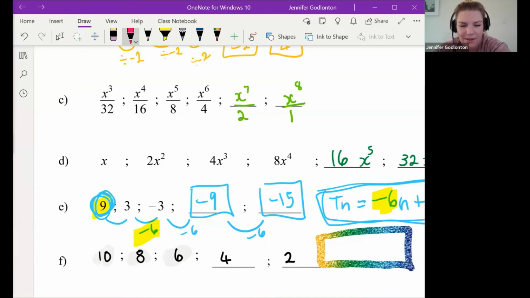Ma'am, so would it be Tn equals 2n plus 8? Careful, careful. Is it going to be 2n? Yes, ma'am. How do I get from 10 to 8? Minus 2. Oh. Yeah.